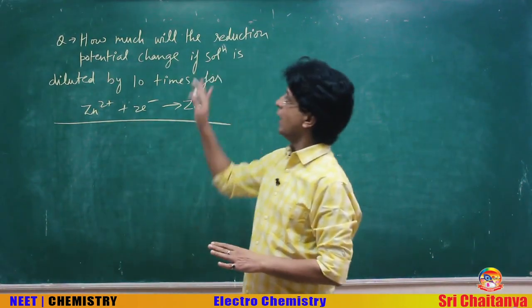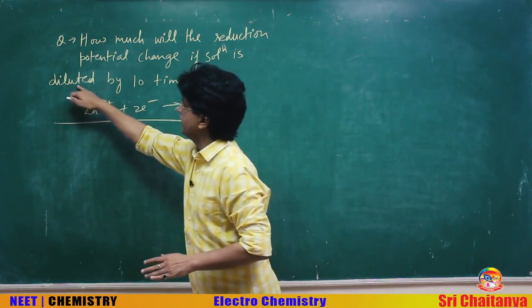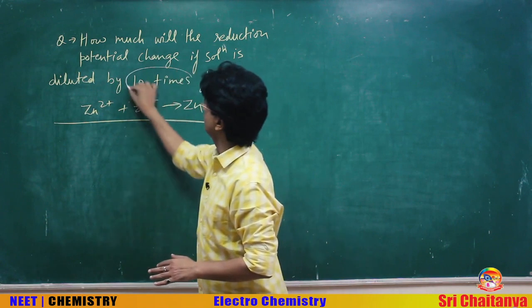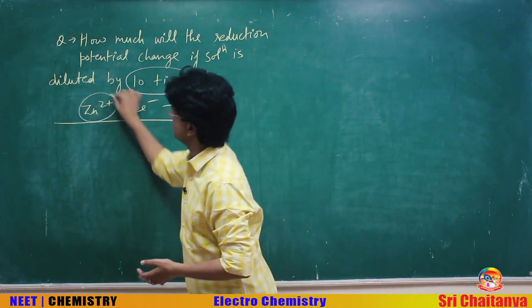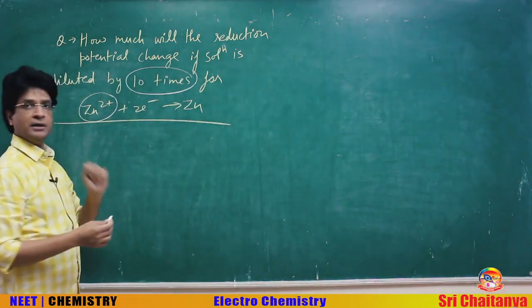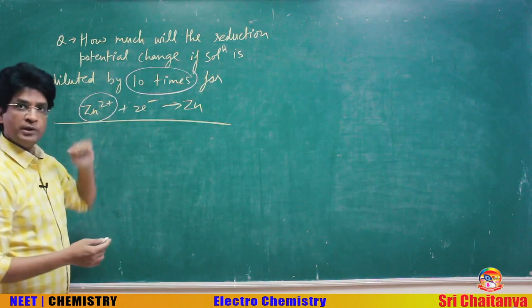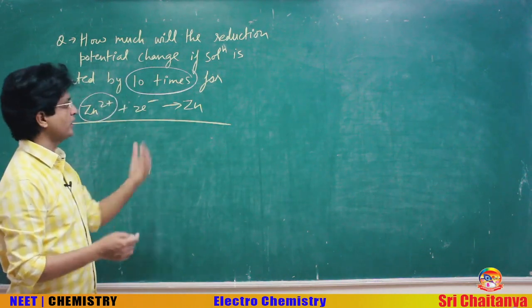This question says, how much will the reduction potential change if solution is diluted by 10 times for this reaction? So in solution we will have the concentration of zinc ions. Now see, I'm changing the concentration. So if we change concentration, what will be the effect on the E cell?